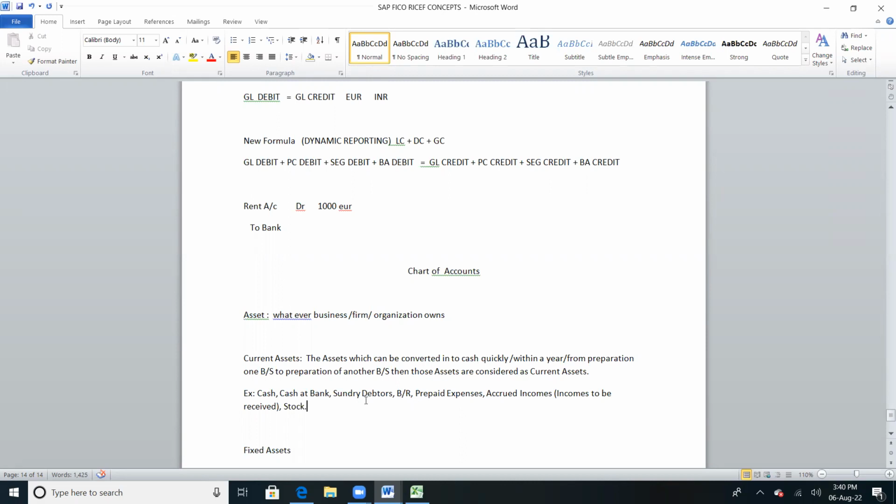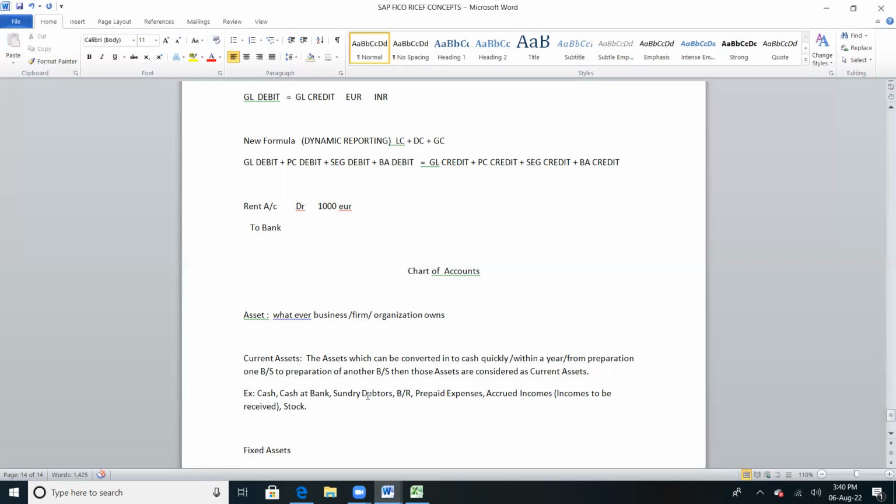Then what do you mean by sundry here? In day-to-day business, we do not sell on credit to only one person. We sell to hundreds of customers. So in the balance sheet, we can't show all the people and the due from each particular person. In the ledgers, we can prepare individual data.